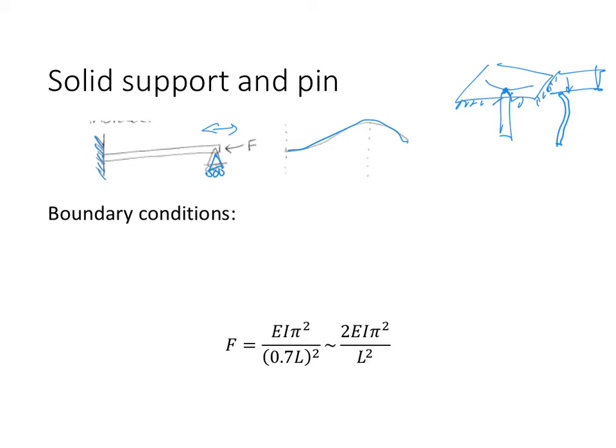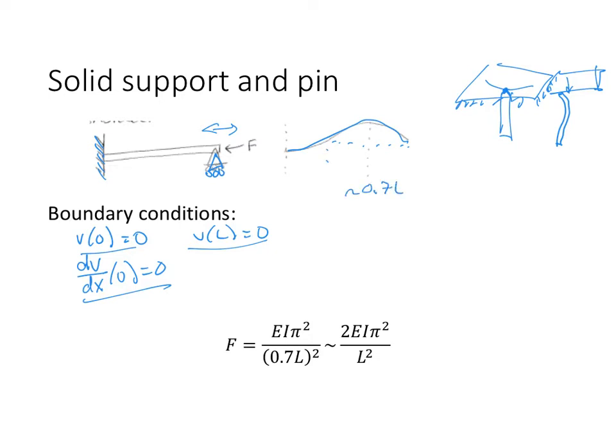So in this case, what we see looks about like 1.5 sinusoids. The boundary conditions here are that the deflection is 0 at both ends and the slope is 0 at the left end. Now, while skipping the derivation, we'll just note that this region here that looks like the half sinusoid we saw before is occurring over around a length of 0.7L.